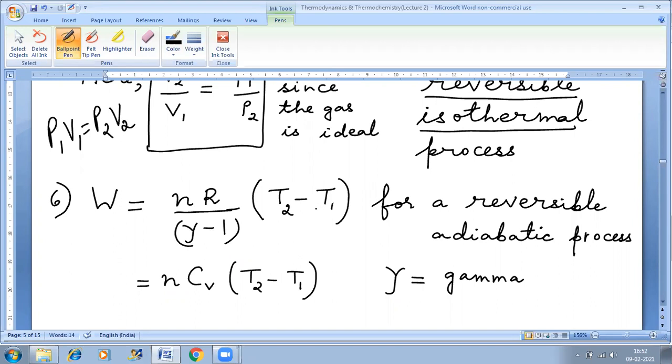T2 is final temperature, T1 is the initial temperature. So I can say T2 minus T1 is equal to delta T. Delta T is the final temperature minus the initial temperature, T2 minus T1. So nR delta T upon gamma minus 1, divided by gamma minus 1.